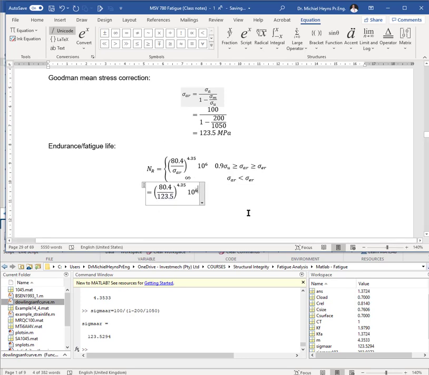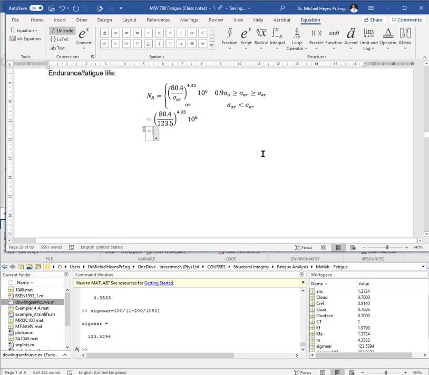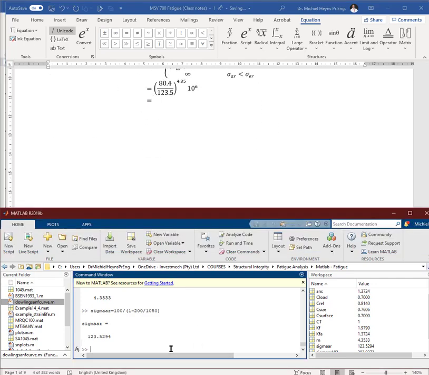If I calculate this, I get a fatigue life of 80.4. So NR is equal to 80.4 divided by 123.5, to the power 4.35, times 1 million cycles.